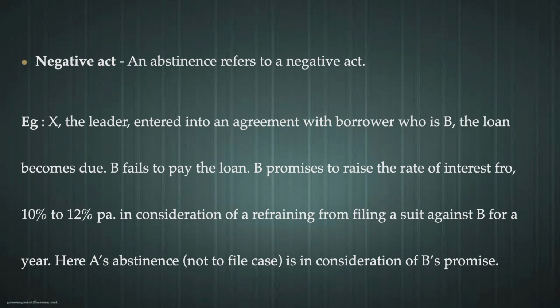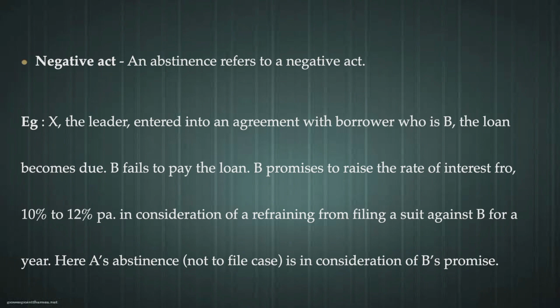Now, who are the people in the contract here? X and B. Okay, these are the two people in the contract. Now, X has given some money to Mr. B. So basically, B has borrowed money from X, and then B has failed to make the payment. So the loan is due. Basically, B has failed to make the repayment of the complete loan to Mr. X. So what B promises here is, I borrowed the money from you at 10% rate of interest.